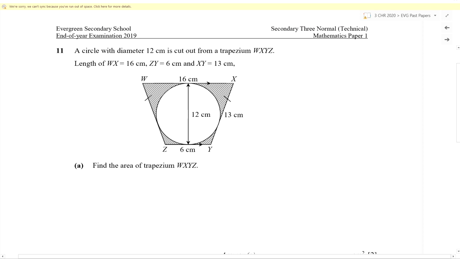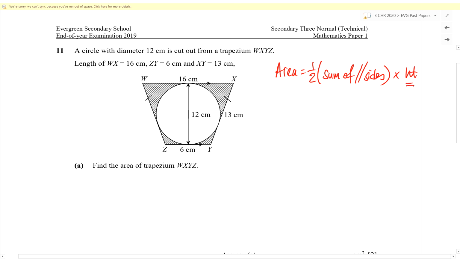Now, area of this trapezium WXYZ. We need to remember the formula. Or is it given to us in your cover page? No, right, it's not given. Area is half times the sum of parallel sides times the height.